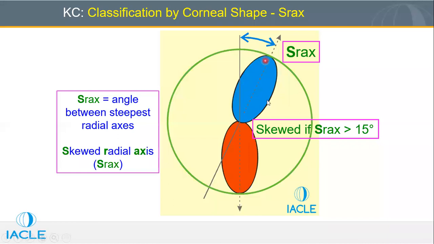It is around 15 degrees. SRAX, the skewed radial axis, is the angle between the steepest and the flattest radial axis. If any skewed radial axis is greater than 15 degrees, that is highly confirmatory of keratoconus.